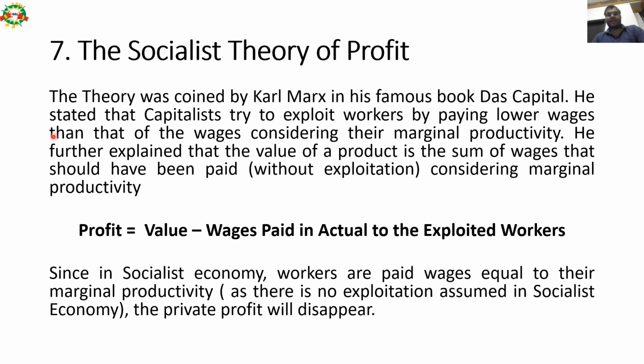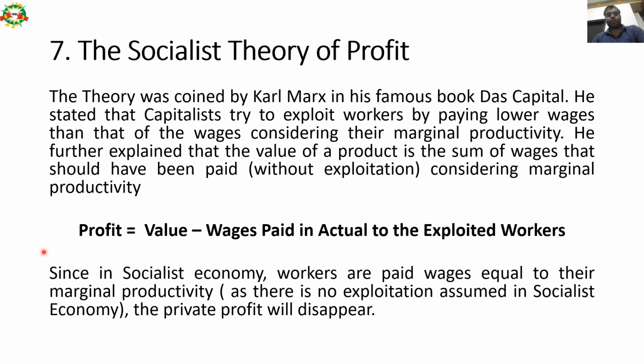He stated that capitalists try to exploit workers by paying lower wages than the wages considering their marginal productivity. He further explained that the value of a product is the sum of wages that should have been paid without exploitation considering marginal productivity.